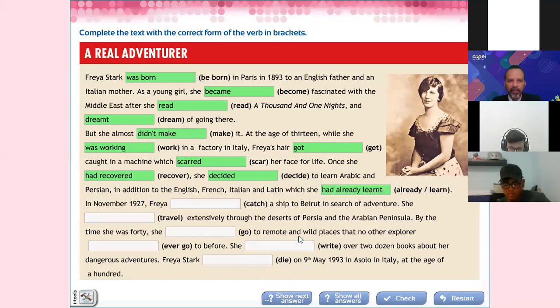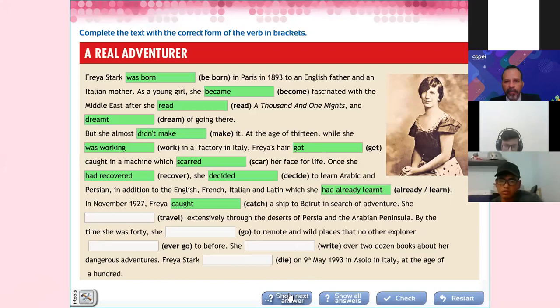In November 1927, Freya... Continue. Mr. Jimenez, thank you, Camila. Mr. Jimenez. Catch, caught, past tense, caught.